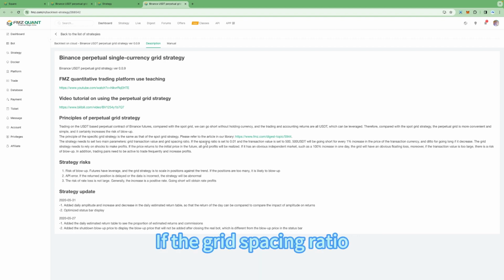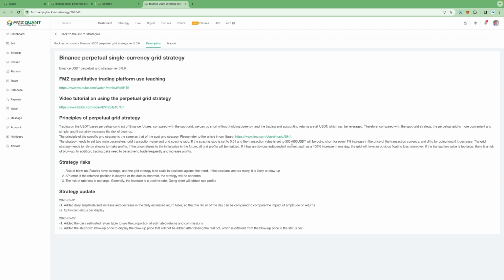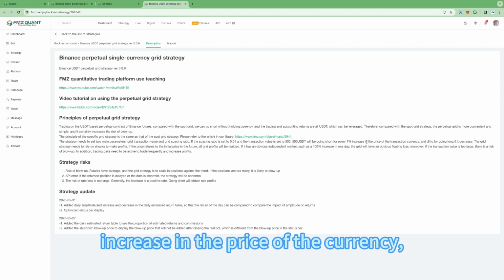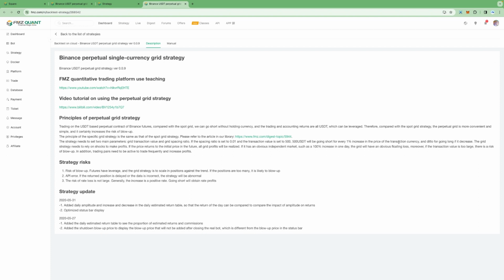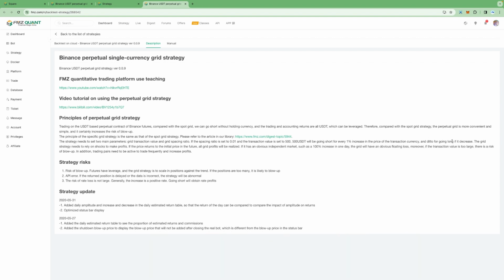If the grid spacing ratio is set to 0.01 and the transaction value is set to 500 USDT, it means that for every 1% increase in the price of the currency, a position with a value of 500 USDT is shorted.